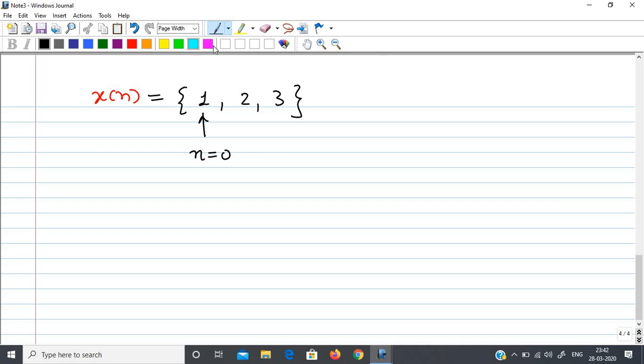If I draw this sequence, this is the n axis. At 0, the sequence is 1. At 1, the sequence is 2. And at 2, the sequence is 3. And elsewhere, the sequence is 0.